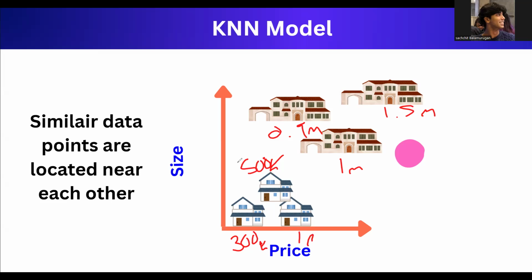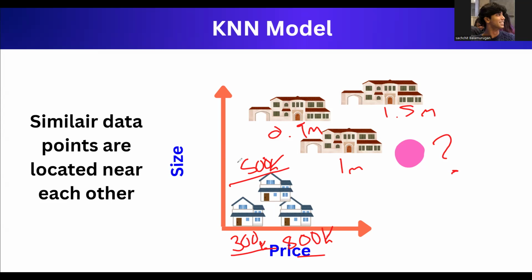Or let's say this is 800. So now that we have all of these values for each house, what we can do now is try to understand how this data point is coming here. So we're trying to find what's the price of this. That's the goal of this type of model using these values.